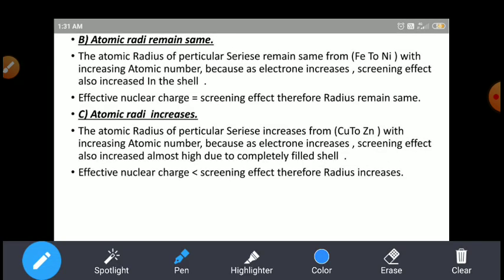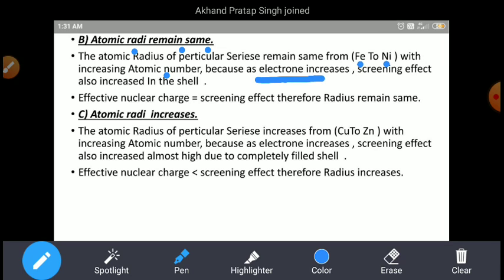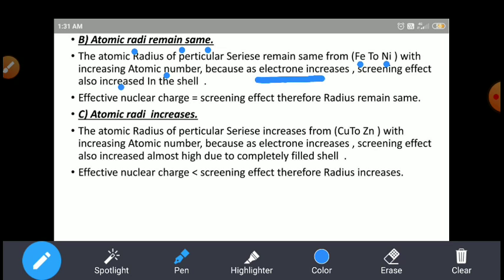So atomic radii remain the same. When we move from iron to nickel, the atomic number increases, but the electrons increase, and the screening effect is also increased here.